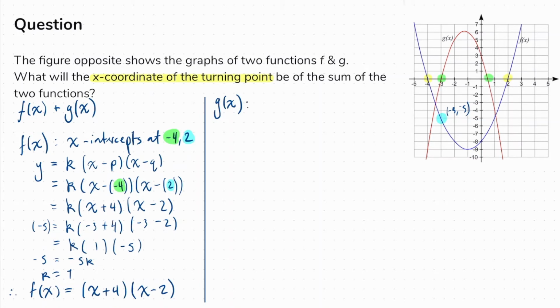Now I can see, I'm not sure if you can see that, the x-intercepts are at -3 and 0.5, or a half.